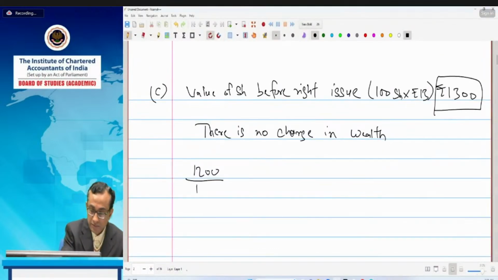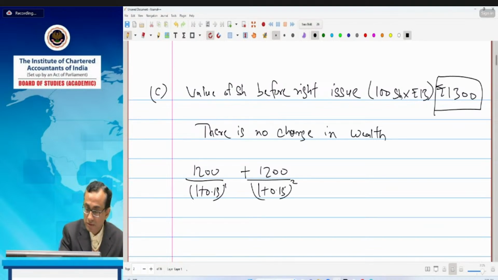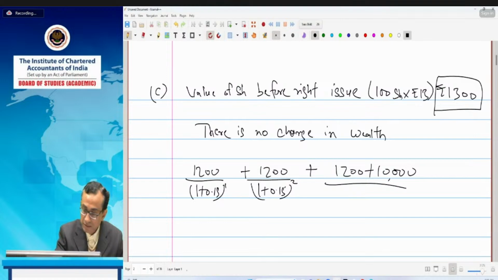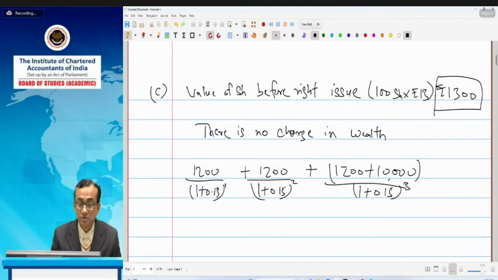It is 1200 divided by 1 plus 0.15, plus 1200 upon 1 plus 0.15 whole square, plus 1,200 plus 10,000 divided by 1 plus 0.15 whole cube. Now the redeemable value 10,000 is also taken. So let us solve this.